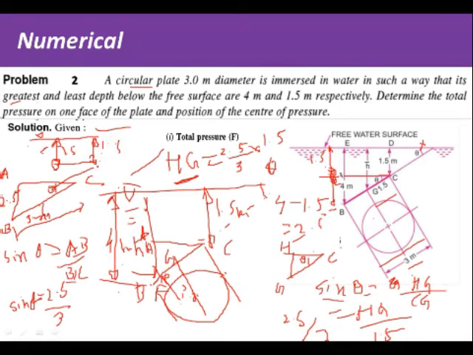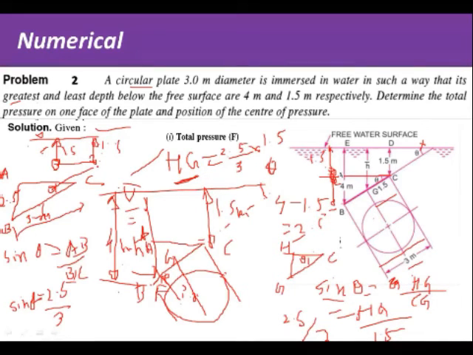Sometimes it is said that both the surfaces are at a distance of 1.5 meter from the free liquid surface, and in that case they are horizontal. But in this case it is said that one end is at a distance of 1.5 meter and the other end is at a distance of 4 meter. That is possible if and only if the plane is an inclined plane.